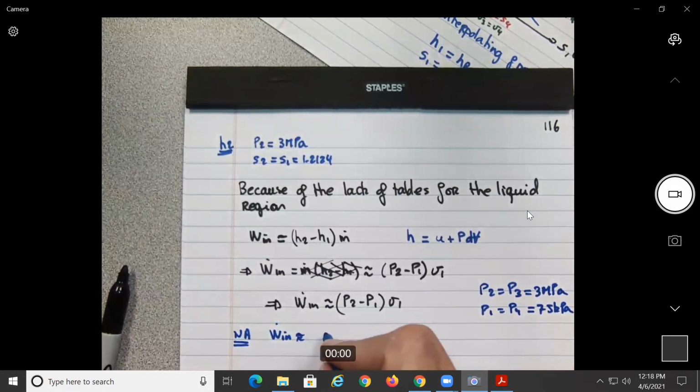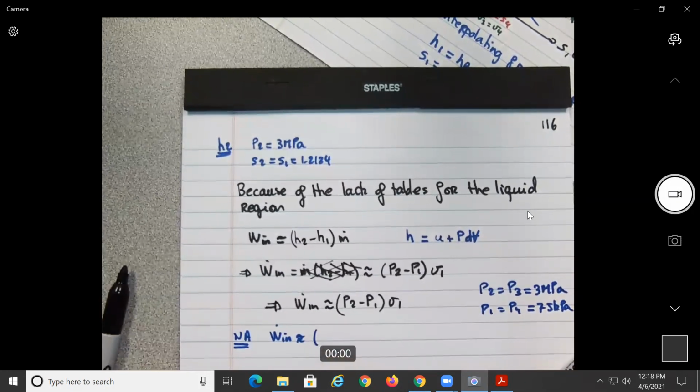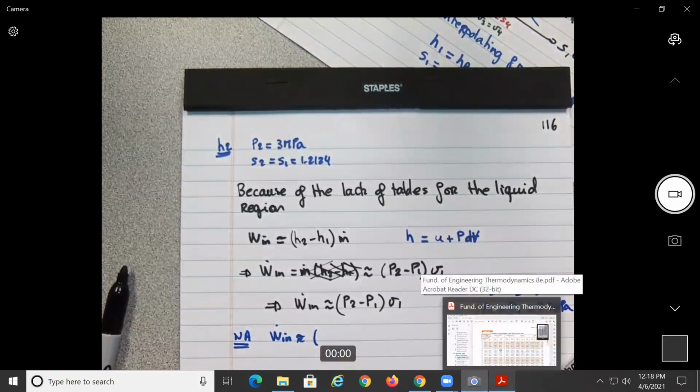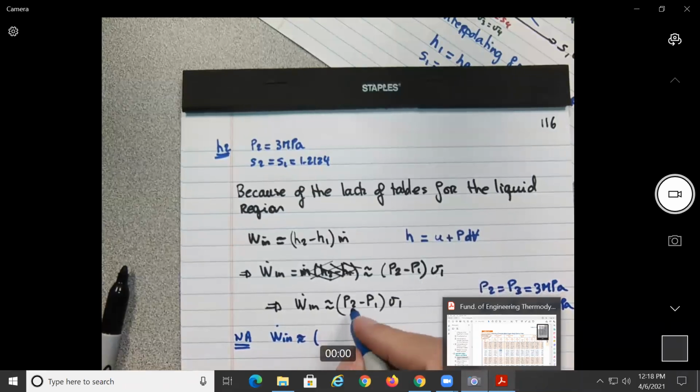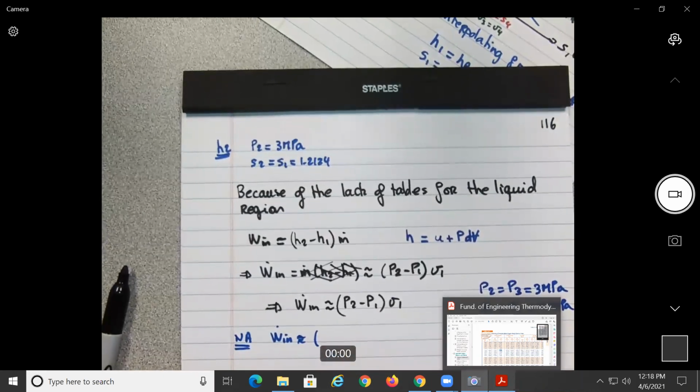So that's going to give us, the 3 megapascals, what was our table in? Bars, no? So the 3 megapascals were what, 30 bars. But we need that in kilopascals.